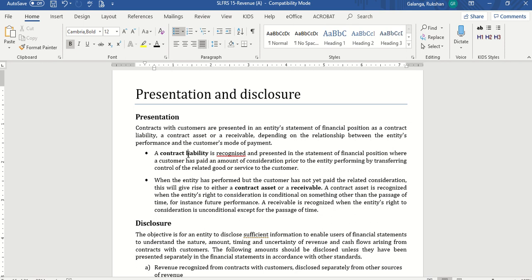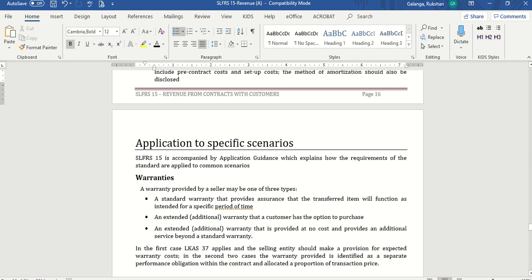Then you should recognize the amount you receive as a contract liability. Also, even though we've done the business, some customers are not paying us. In that case, we recognize that as a contract asset or a receivable balance. So those amounts need to be presented in the financial statements, right?